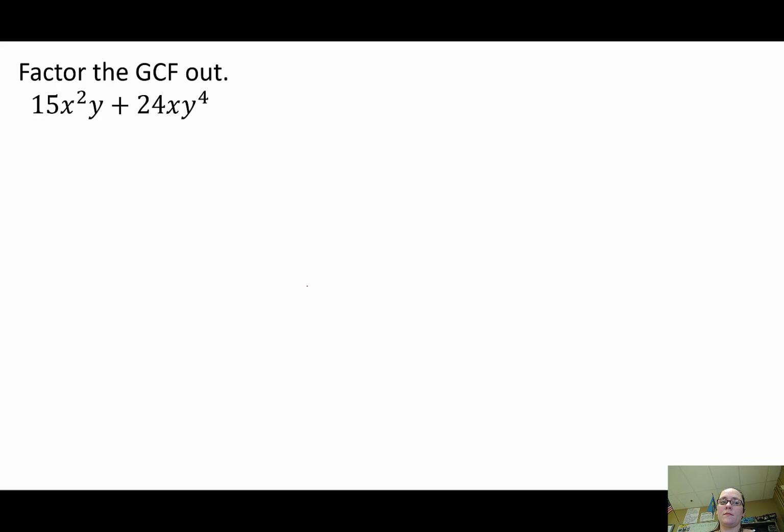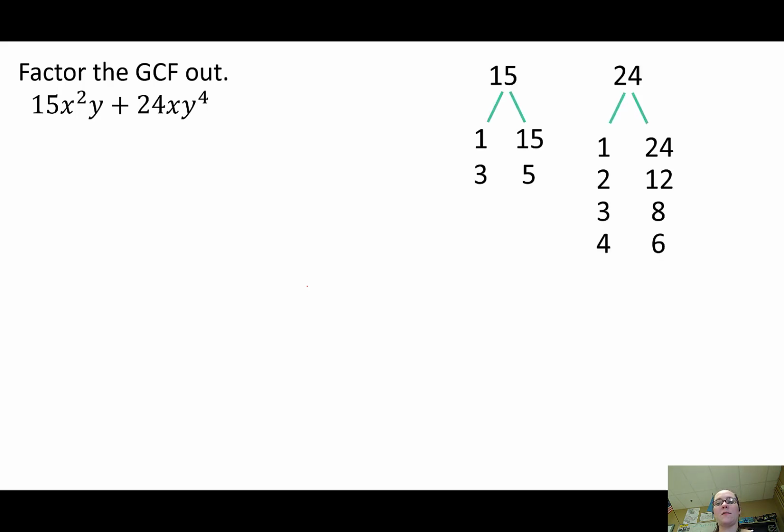All right. So I've got 15x squared y plus 24x y to the fourth. Looking at factors of 15 and 24, what do they have in common? Well, they both have 3. I think that's the largest one. Now notice I do have double variables.